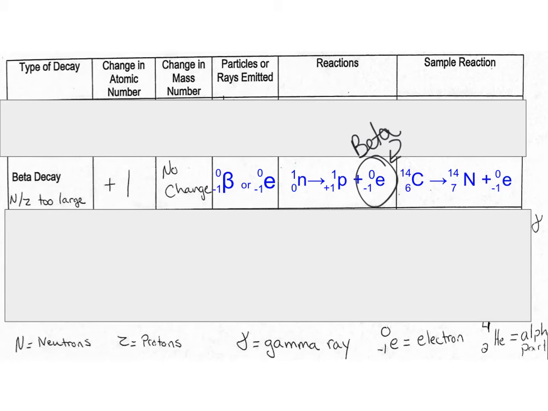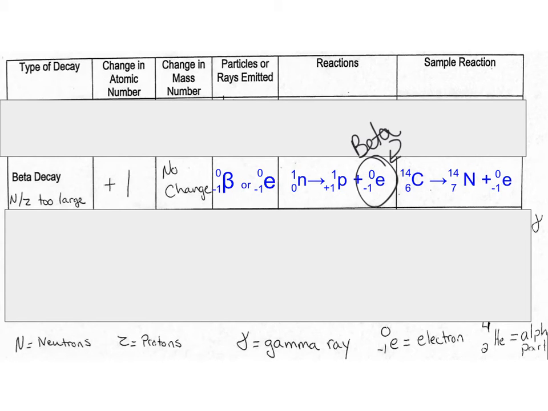A great sample of this would be carbon 14. Carbon has an atomic number of 6 and a mass of 14. We're going to go back here. First, we're going to change our atomic number. We're going to increase it by 1, so 6 plus 1 is 7. The next thing I want to figure out is my mass. It says there's no change for mass, so I'm just going to drag that over. So 14.